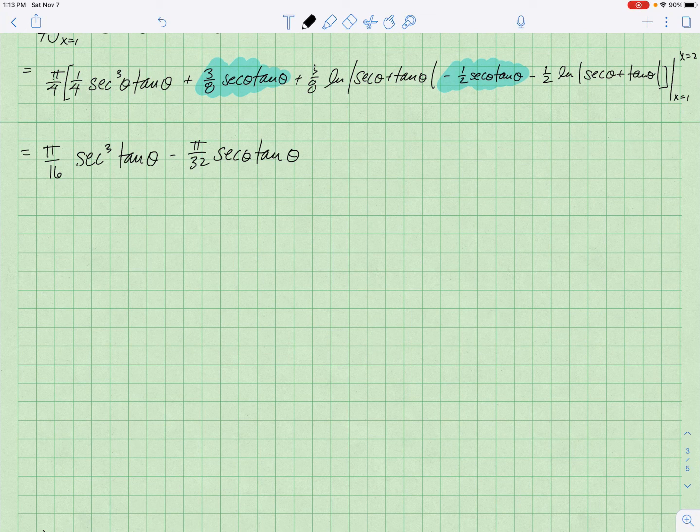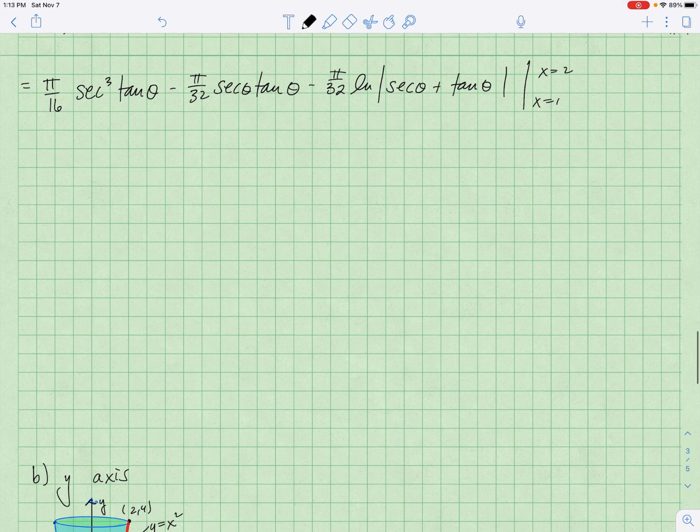And similarly, we have 3/8 natural log of the absolute value minus 1/2 the natural log of the absolute value. And that's going to also give us negative 1/8 times pi over 4 is negative pi over 32 natural log of the absolute value of the secant of theta plus the tangent of theta. Evaluated from x equals 1 to x equals 2.